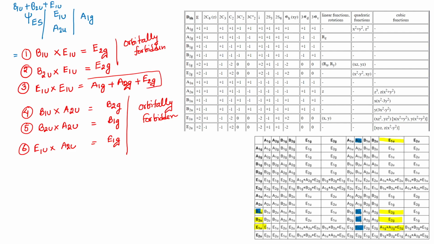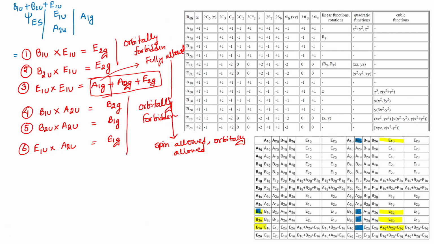Only this one, as it contains A1G, is fully allowed, which means obviously spin allowed plus orbital allowed. Okay.